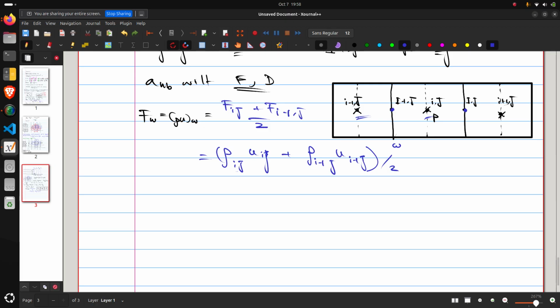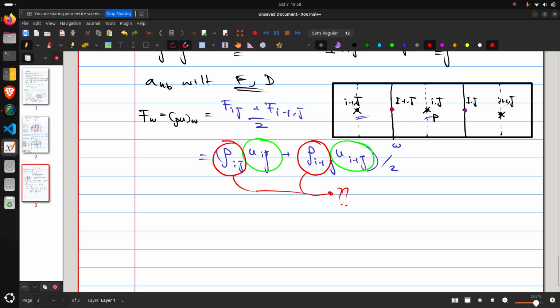These quantities are already available, right? Yes, this is all capital J, I think I mistakenly wrote it. But this rho small i capital J and rho small i minus 1 capital J, we don't know these values, right? Because we are only storing it in these points, right?